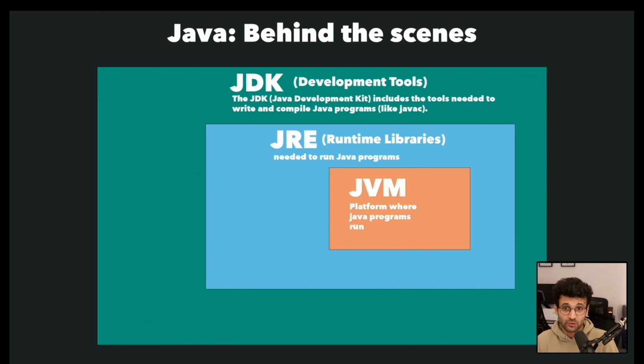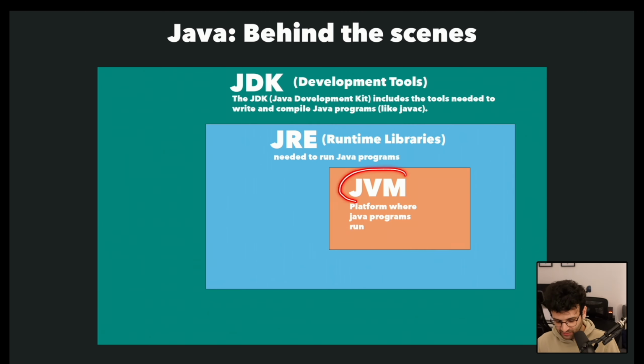One library that we used in our application was a library that allows us to print, and that's how we got our Hello World printed. We have the tools that allow us to build, develop, and compile our software, and they're bundled in the JDK. Then we have libraries that we can use at runtime, as in when the application is running.